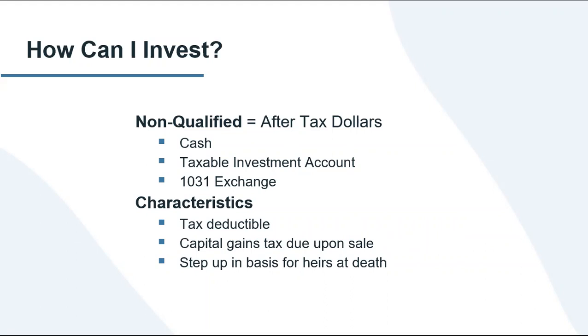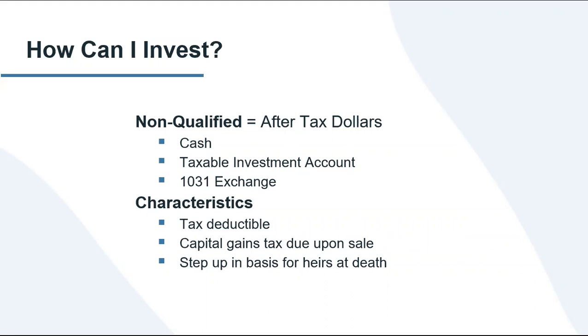There is a capital gain tax that's due upon the sale. So when you sell that property, if the price that you paid for it is lower than the price that you received at sale, then you're going to owe tax on that gain. And that tax is based on how long you held it. So just keep in mind that taxes would be due upon any gain that you receive.